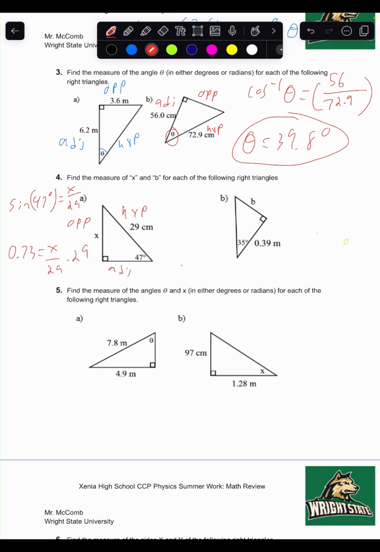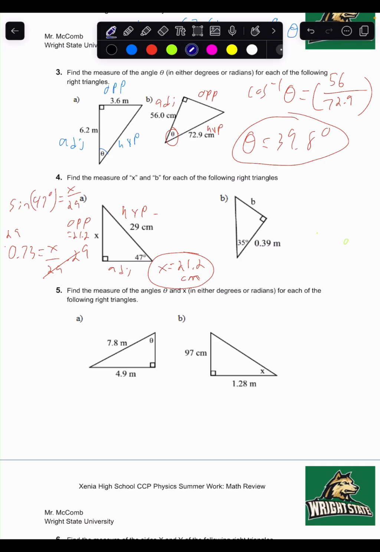Multiply both sides of this by 29 to get the x by itself, and we get 21.2. Oops, that's not the hypotenuse. This side is 21.2. And that's in centimeters, so this is going to be in centimeters as well.